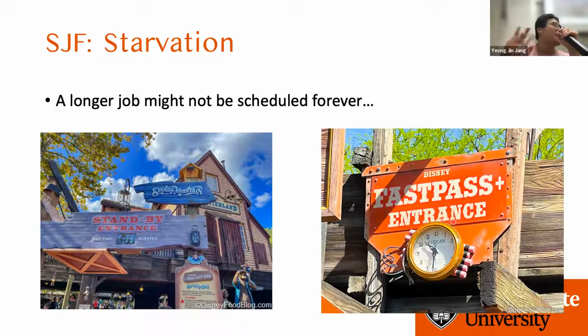In that case, we don't need to schedule it that often, so we can reduce the priority. But the same kind of starvation happens if high priority jobs keep coming in, and your job cannot be scheduled at all. And these are the non-preemptive versions of the schedulers.